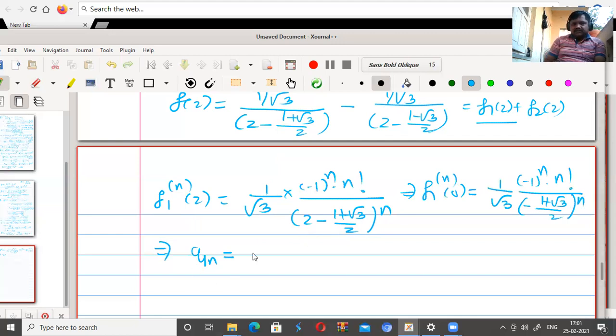Therefore, a1n is divided by n factorial, so n factorial cancels with n factorial. We get 1 upon root 3 into (minus 1) raised to n upon minus 1 raised to n into (1 plus root 3 by 2) to the power n plus 1, taking minus 1 common.